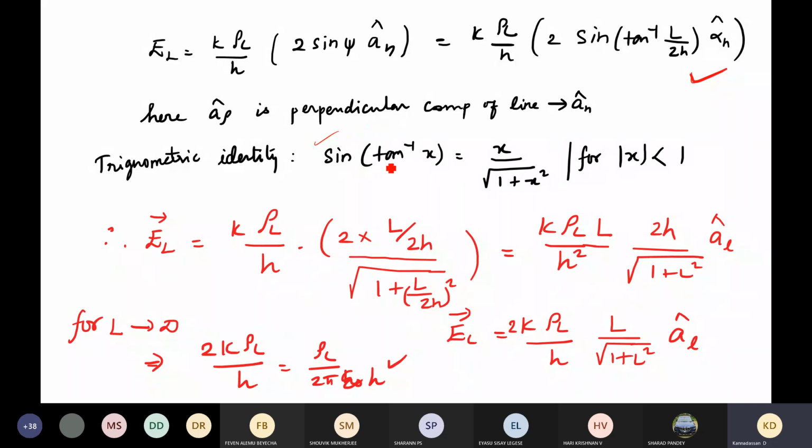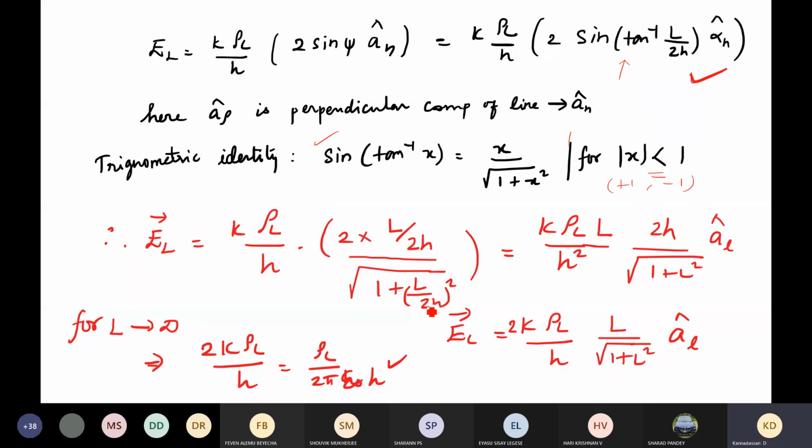So sine inverse of tan inverse of x is this, and this is subject to it having a perfect match for values within plus 1 and minus 1. Within that limit, it will perfectly fit. Beyond that also, sometimes it will fit, but that is out of scope. So to reduce this complex trigonometry workout into simple x and y, we have substituted here.